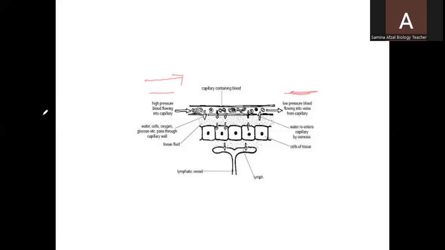Besides this, water, oxygen, and glucose pass through the capillary wall into the tissues. At that time, this is called tissue fluid. And you can say absorption by the capillary will take place. That is, the carbon dioxide will enter it, and in this way the exchange of gases is taking place.